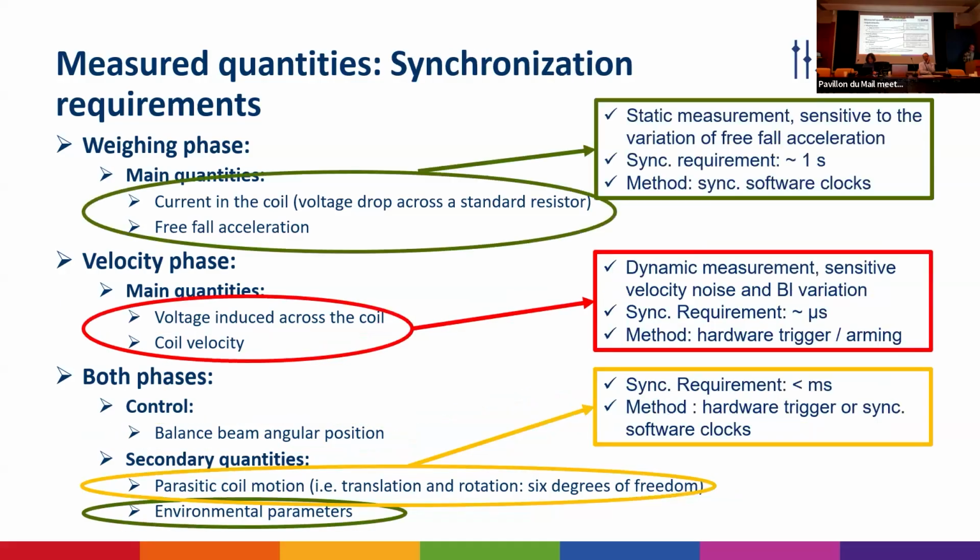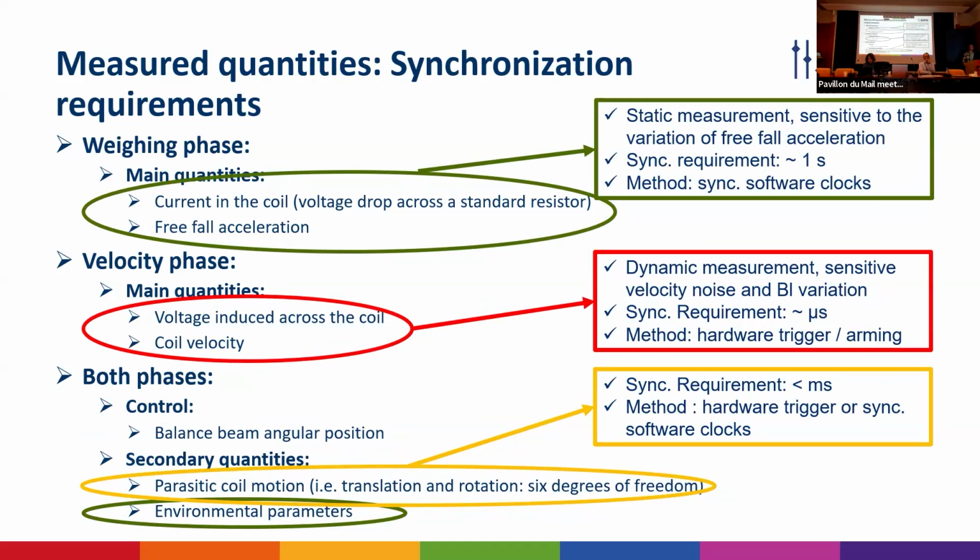In terms of synchronization, now, in the Kibble balance, we have different kinds of measurements. During the static phase, we are measuring almost constant signals, the current inside the coil, the free fall acceleration. We are also measuring the environmental parameters. All these are very slow drift parameters.